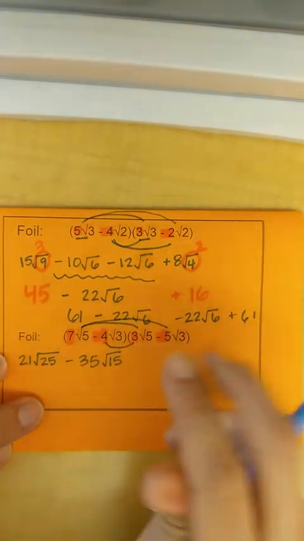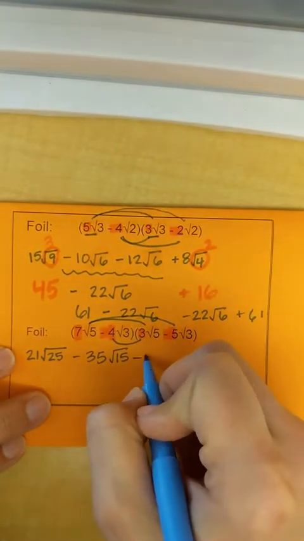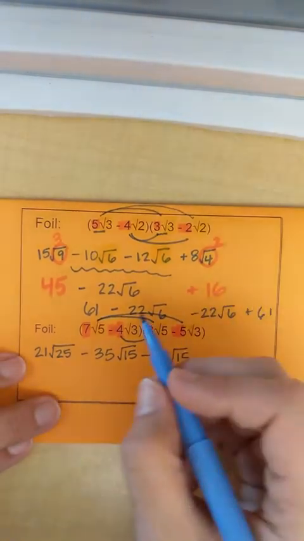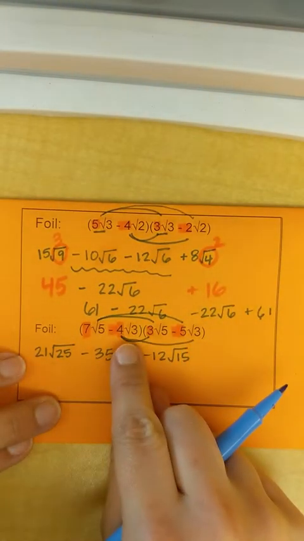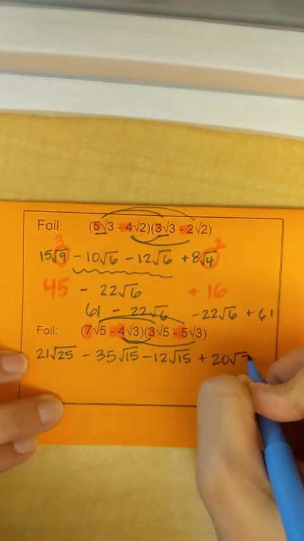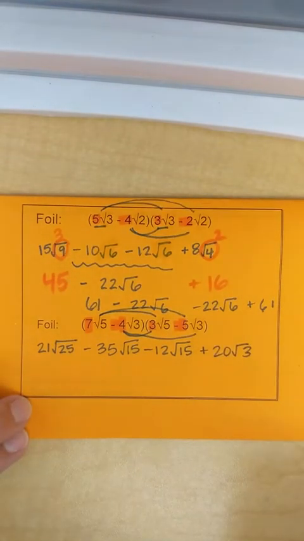My inners, negative 4 root 3 times 3 root 5 is negative 12 root 15. And my last, negative 4 root 3 times negative 5 root 3 is plus 20 root 3. So take a second to make sure what you have matches what I have.